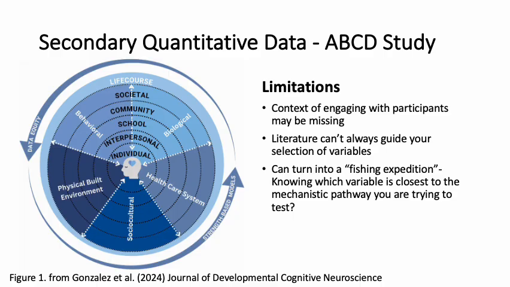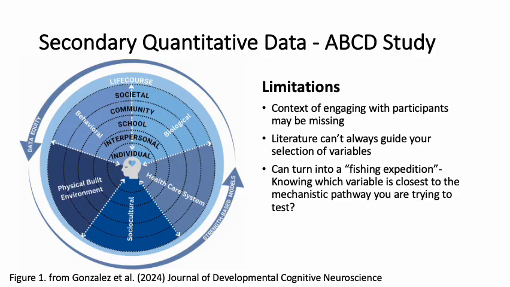So some of the limitations of using the ABCD study as a secondary quantitative data set definitely revolve around selecting the variables that you want to include in your model. Given the extensive number of variables, it can sometimes feel like it's turning into a fishing expedition. You're trying to throw so many variables into your model because you have the power to detect even small effect sizes.